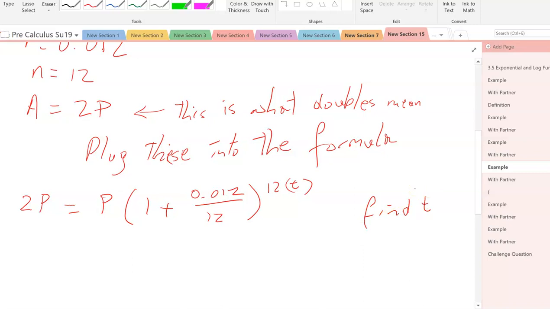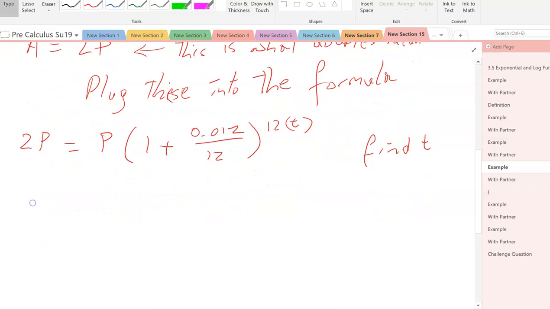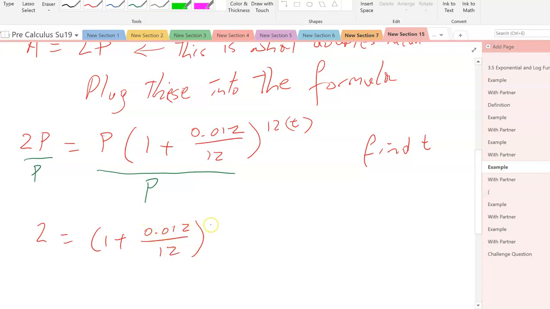So let's do a bit of algebra. We have an unknown P here, but we can undo this P by dividing both sides by P. And so we're left with 2 is equal to 1 plus 0.012 over 12 raised to the 12t.